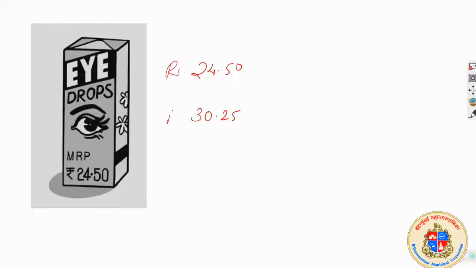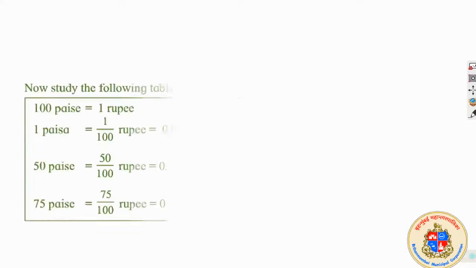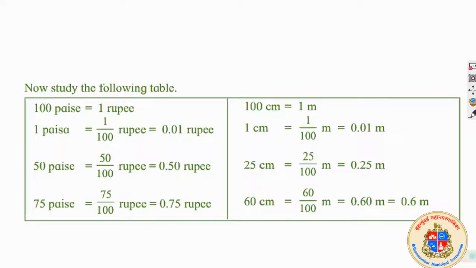All these things we know, because we also learned about a chart relating paise and rupees. 100 paise make 1 rupee, which means every paise amount will be divided by 100 to know how much rupee it is. If it is 75 paise, we divide it by 100 and write in decimal format 0.75.